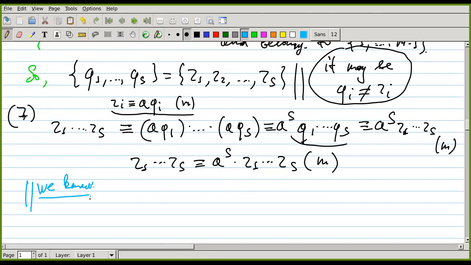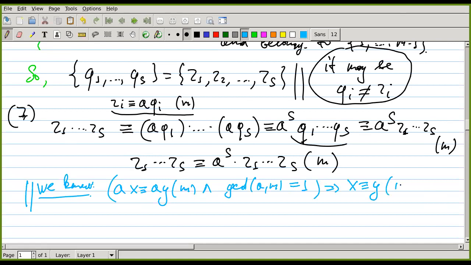We know that it is possible to cancel some numbers out from a congruence. If x is congruent to ay modulo m, whereas a is co-prime to m, then x is congruent to y modulo m.